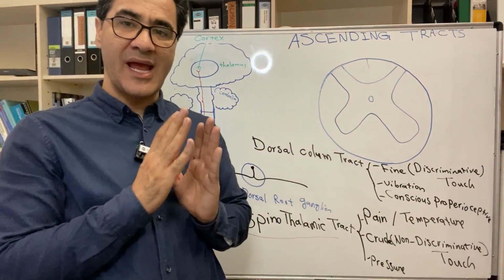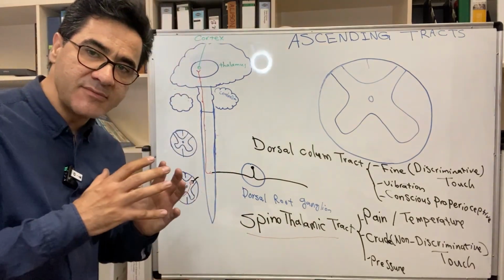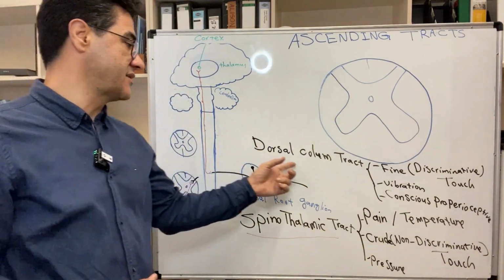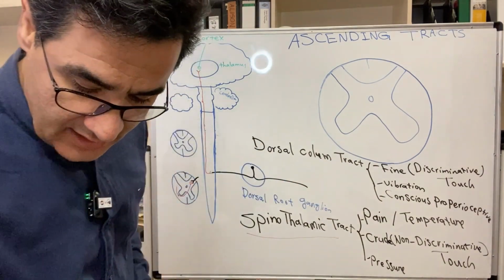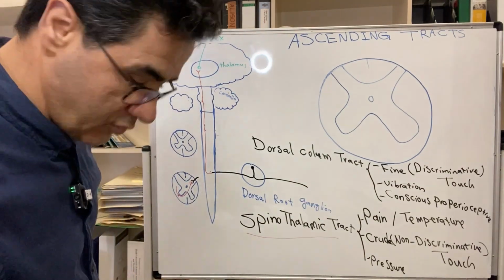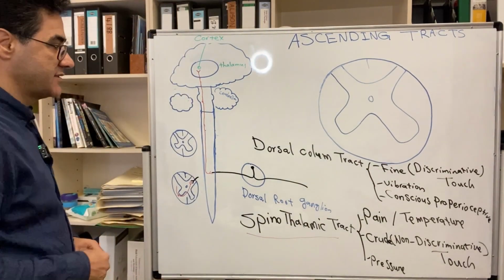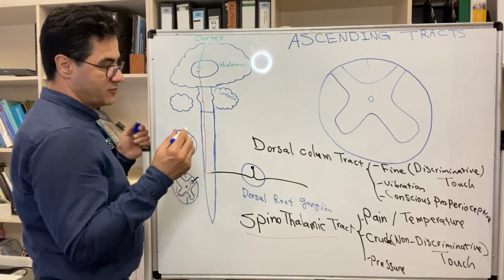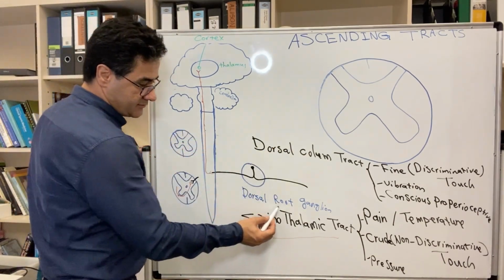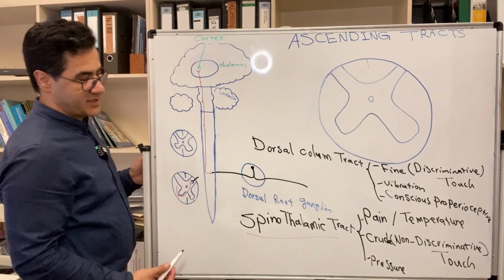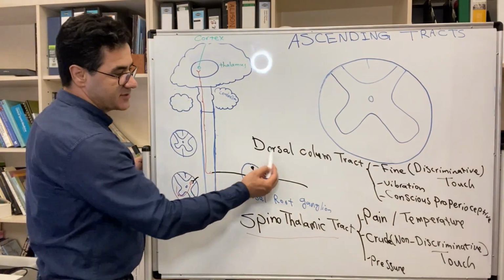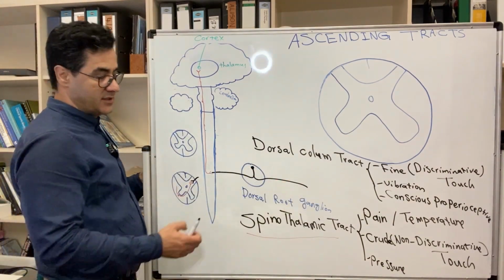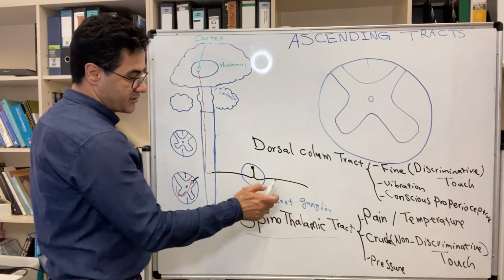If you could answer those questions, it means that you have learned the details of this specific tract. I will show you one by one. Like the spinothalamic tract, the cell body of the dorsal column tract is within the dorsal root ganglion.